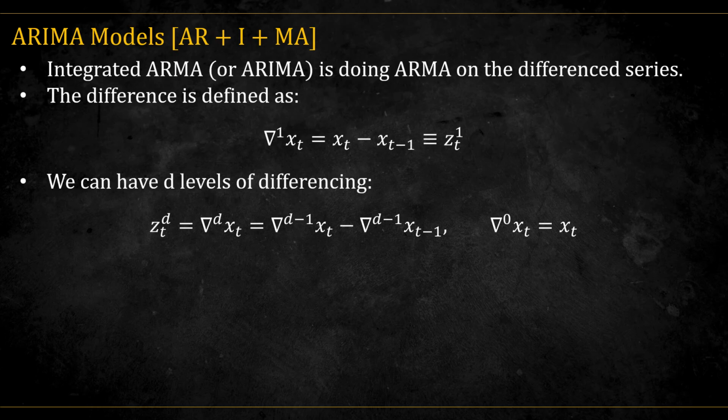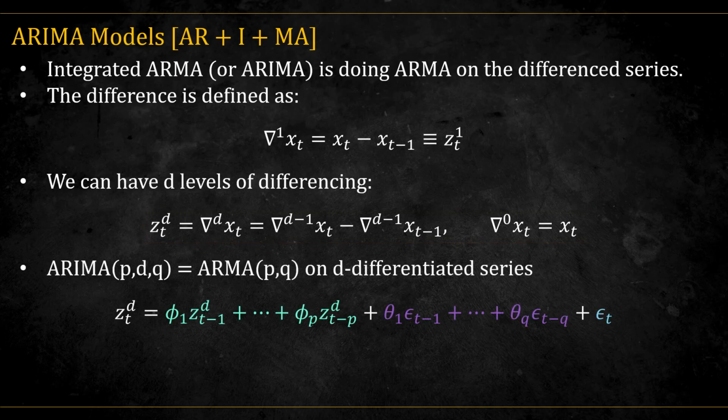ARIMA stands for Autoregressive Integrated Moving Average, and the idea is that after differencing, we have a stationary process, and we can perform ARMA modeling on it. The first order difference is defined simply as the current observation minus the previous one, denoted by Z_t of order 1. We can also have d levels of differencing, that is, differencing the differenced series up to some order.